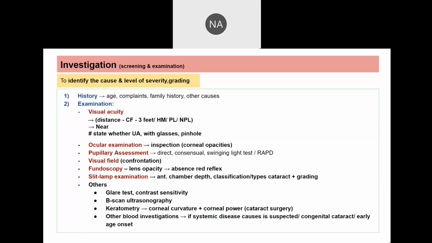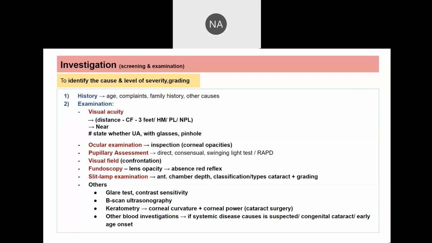Okay, and for the slit lamp examination, basically we want to measure the anterior chamber depth, and we can also classify the types of cataract based on this examination, and also grading. And for the other tests, we can do the glare test and contrast sensitivity test, because these patients have reduced sensitivity to contrast that they don't even realize.